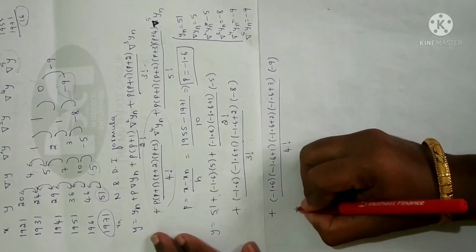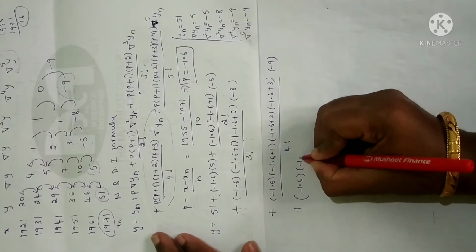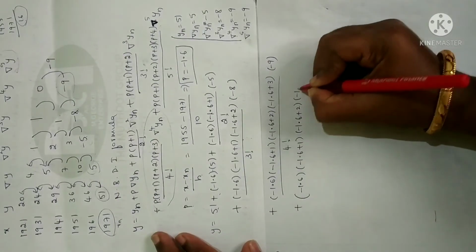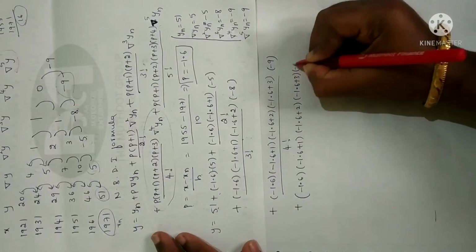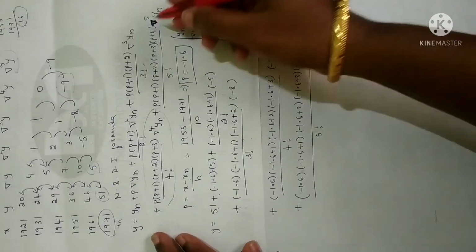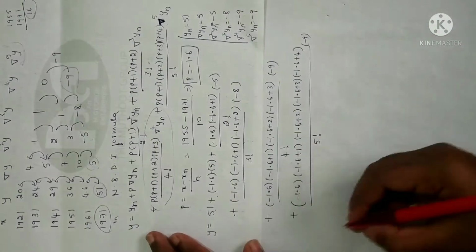Plus the next term, the fifth term: minus 1.6 into minus 1.6 plus 1, minus 1.6 plus 2, minus 1.6 plus 3, minus 1.6 plus 4, divided by 5 factorial, into delta power 5, which is minus 9. Clear? Now use the calculator and simplify.